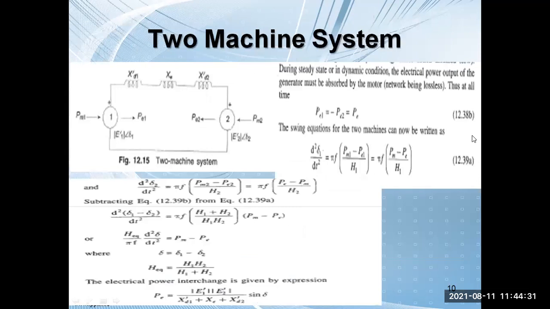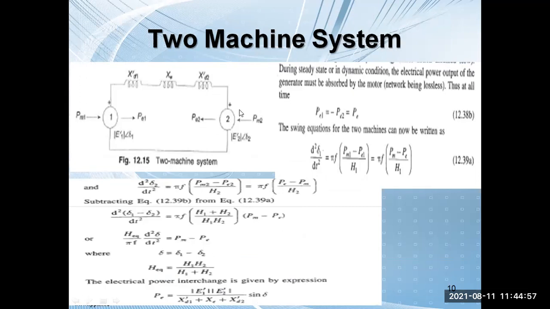Now next is the two machine system. So two machine system, let us say a generator here, Pm is the mechanical input and this is electrical output. So that means this is a generator. Now the EMF of this generator is E1 dash and power angle is delta 1. X dash D1 is the direct axis reactance of this particular generator.